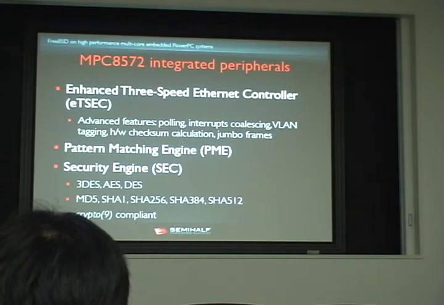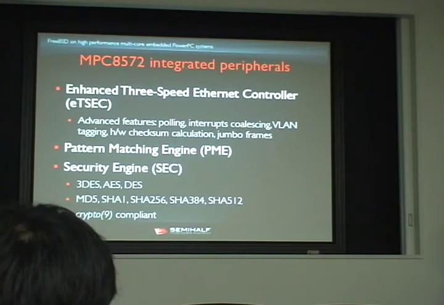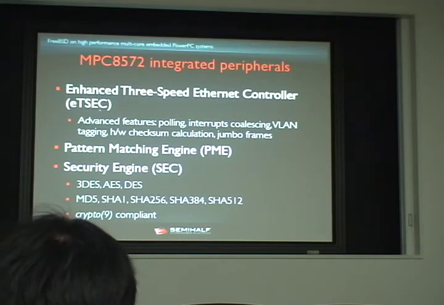So this was the summary of the memory management and the core work. Now let me summarize the state of the peripheral devices that are integrated in the chip. First of all, we've got four 1 gigabit Ethernets integrated on this. The driver for TSEC was already there, so we only optimized it and added new features.